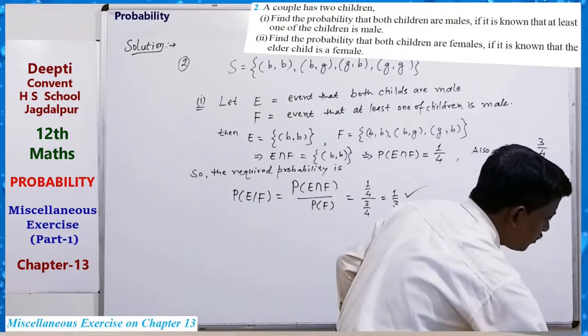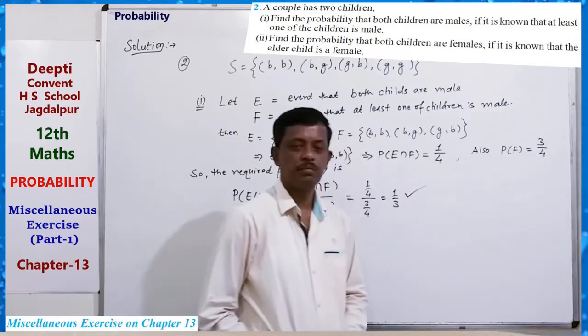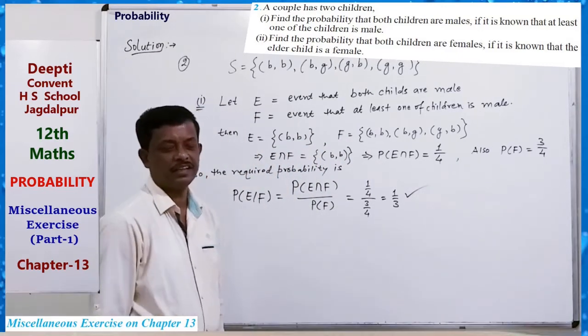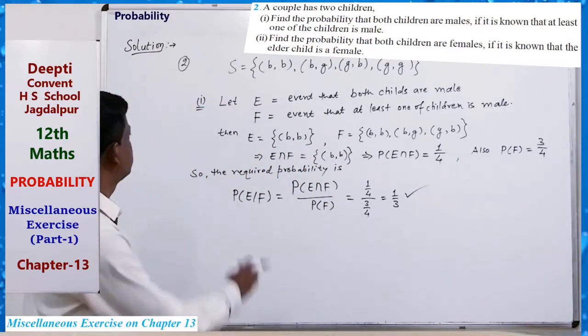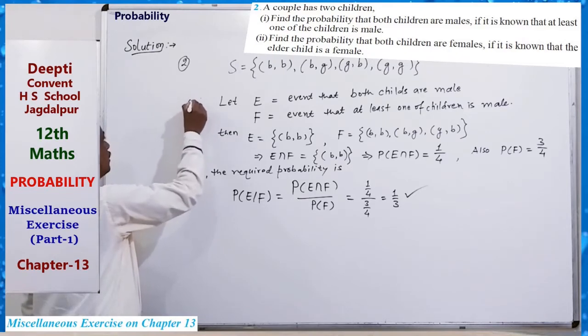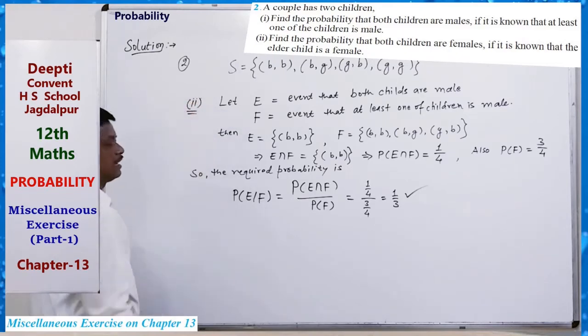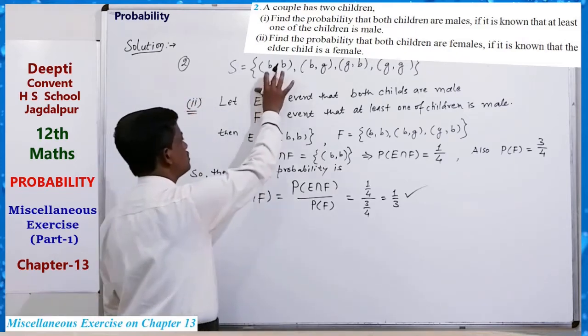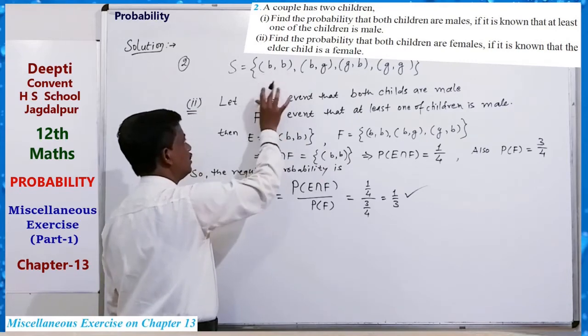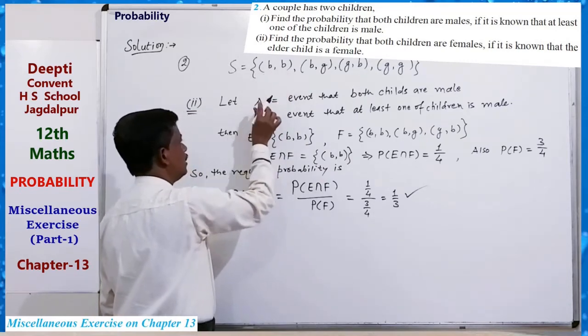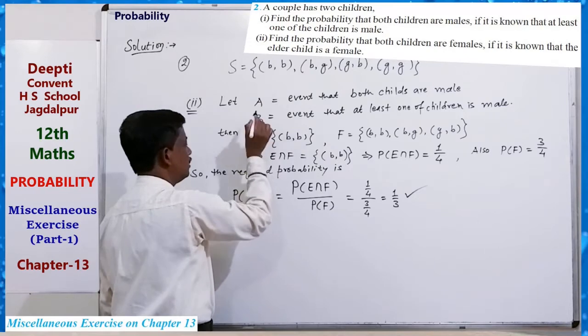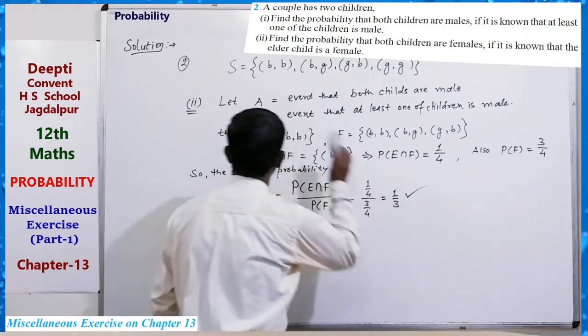Second case. In the second case, let us suppose A and B, denoting like this.